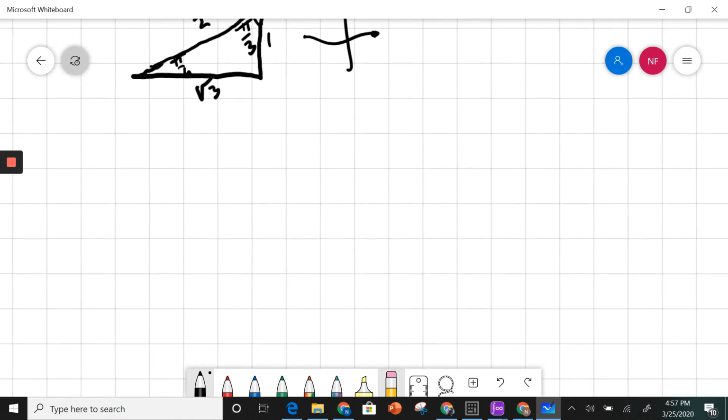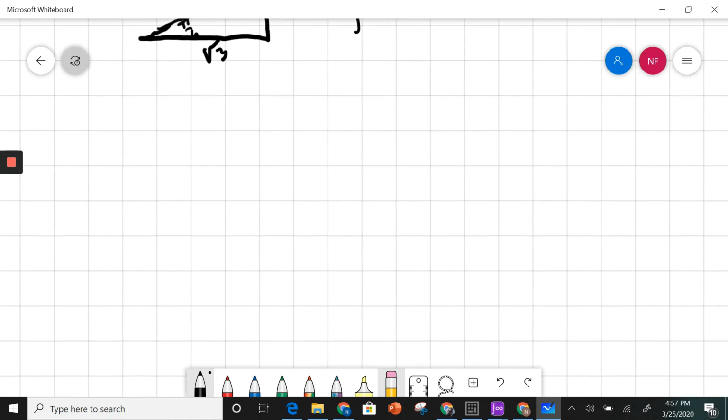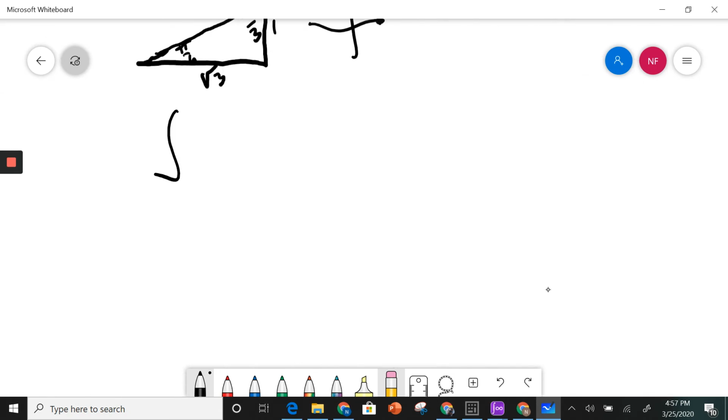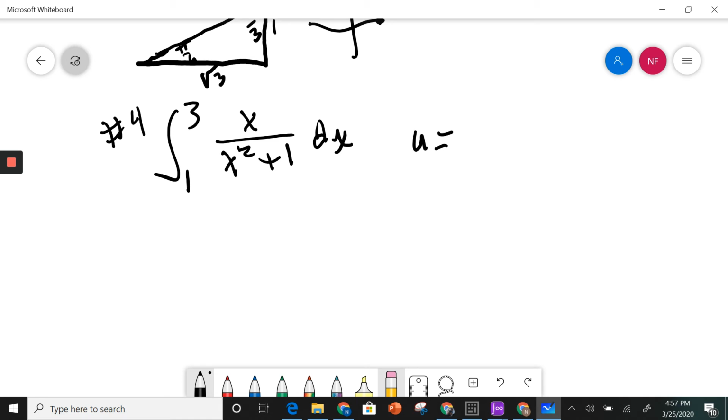Okay. Try to do one more here. We've got the integral. This is number 4. The integral from 1 to 3 of x over x squared plus 1 dx. And here we would let u equal x squared plus 1.